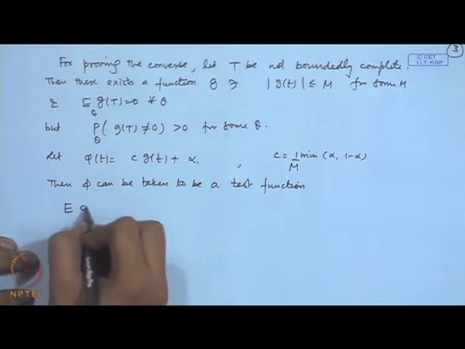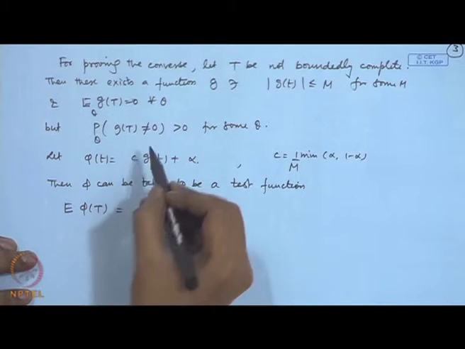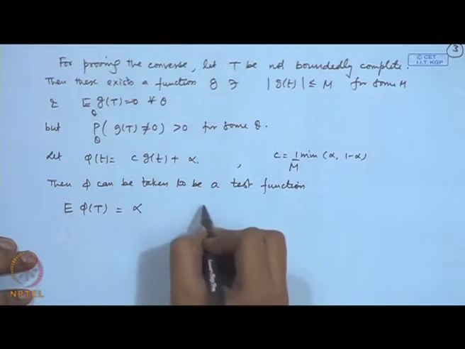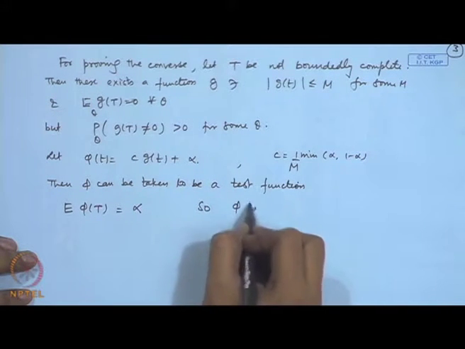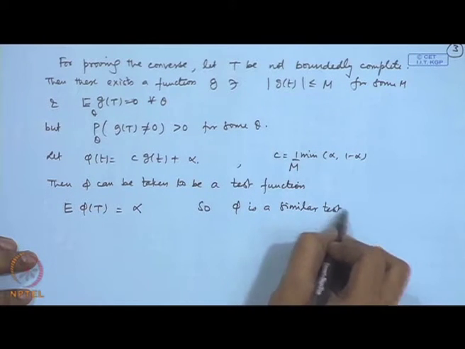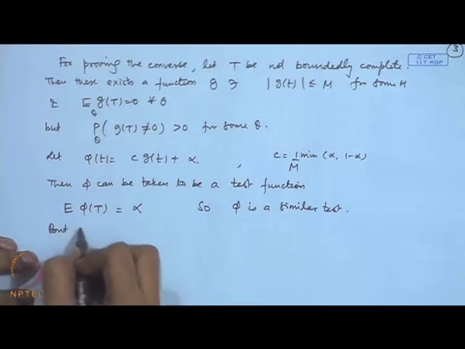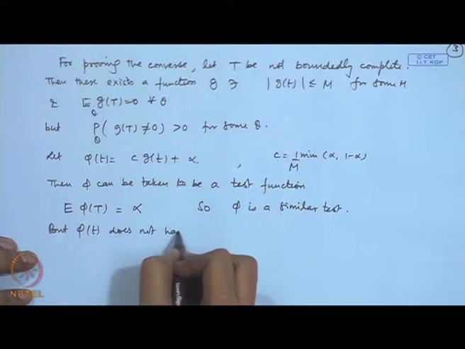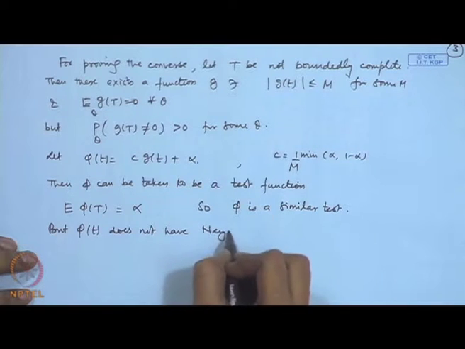Also, what is expectation of phi T? Since expectation of g T is 0, this is simply equal to alpha. So, phi is a similar test, but phi t does not have Neyman structure.